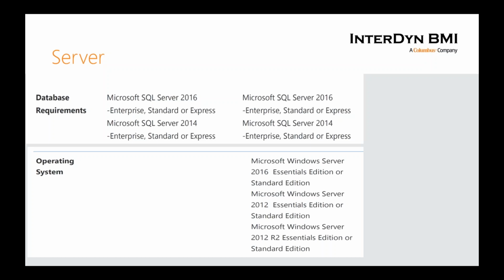SQL 16. Windows Server itself, the GP server where SQL is installed, has of course the Windows operating system on it, and that would have to be Windows 2012, 2012 R2, or 2016. It's a little bit confusing because the operating system has very similar numbers to the SQL Server version, and that's on purpose to keep us confused.